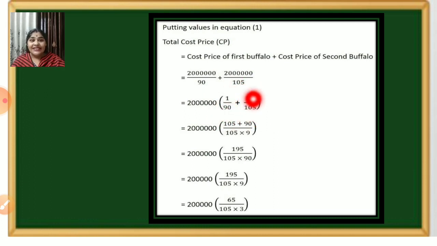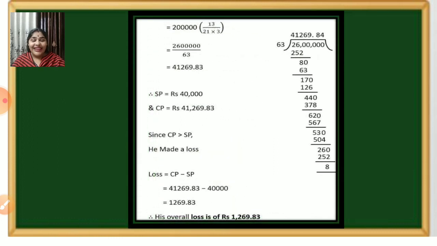Taking the LCM of this, we will get 65 upon 105 multiplied by 3 when you solve it, children. So once you solve this, at the end you will get cost price is equal to 41,269.83.